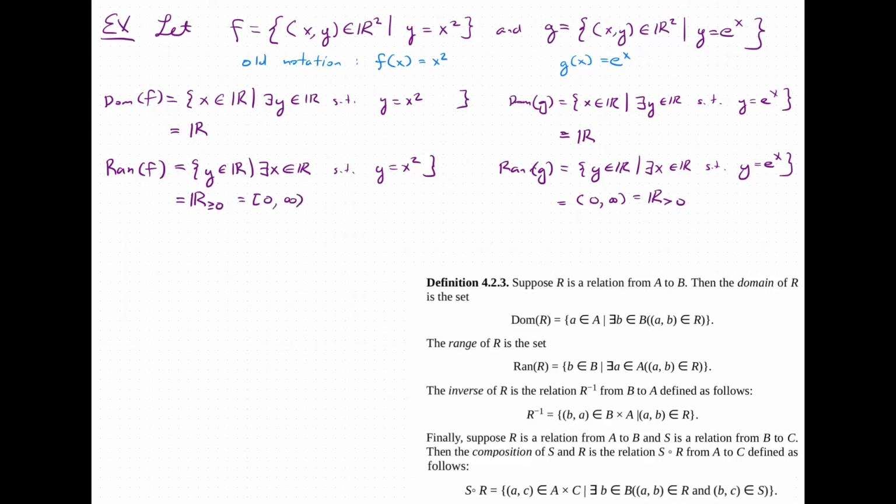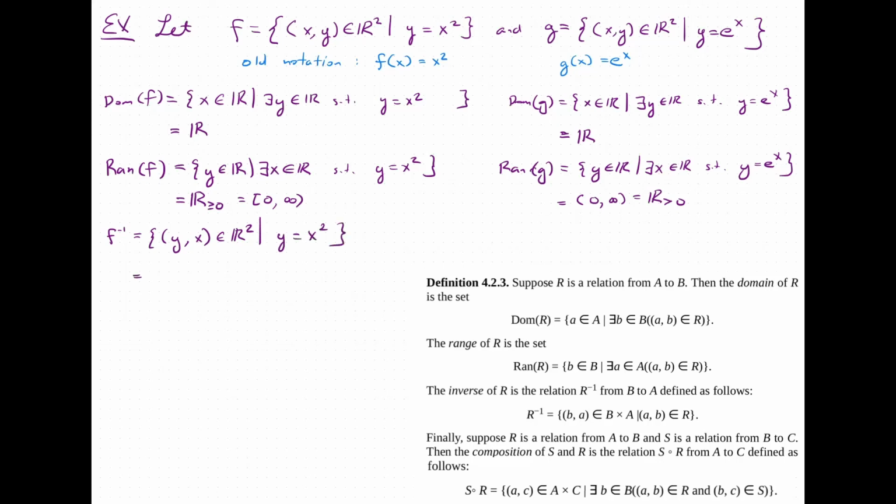So we have now the domain and the range, and we see that this matches up with our previous understanding of domain and range. What about inverse? Well, we're now looking at f inverse. By definition, this is the set of all y comma x's in R2 such that y is equal to x squared.